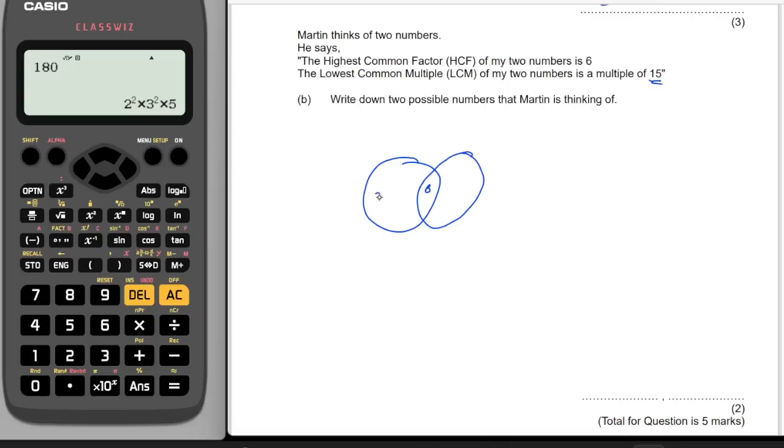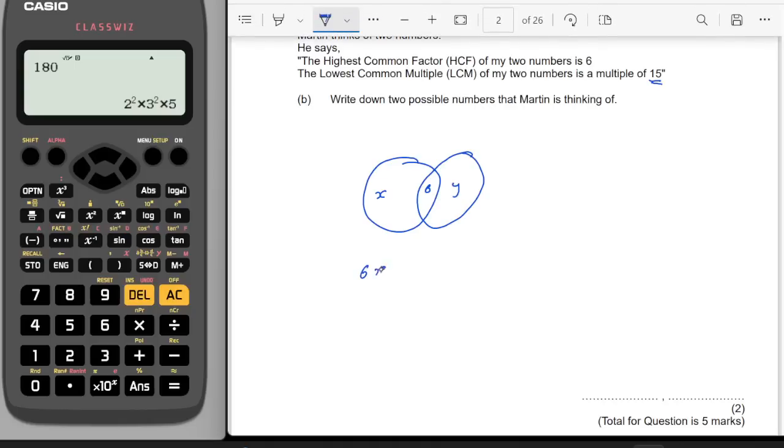So if I call that x and y for now, that's just going to be the section that's there and the section that's there. 6 times by x, 6xy needs to be a multiple of 15, so n times 15. So 6 isn't a factor of 15, so n can't be 1.